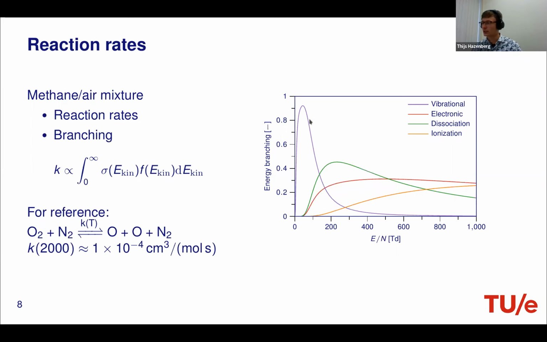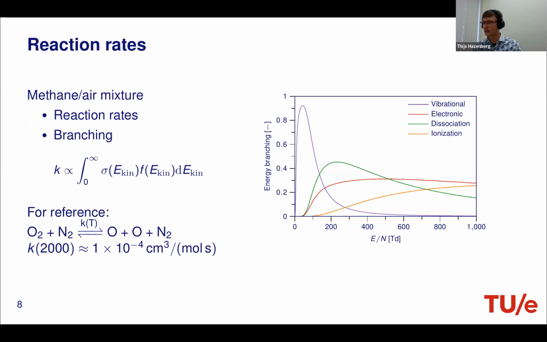You can then also look at this in terms of, given different electric fields, where does the energy go? And what you will see is that at low electric fields, you mostly start vibrating these molecules. Why is that? That's because the energy required to start vibrating molecules is relatively low. If you then go to slightly higher electric fields, you start dissociating and electronically exciting molecules.